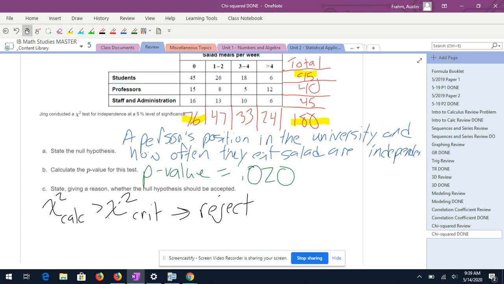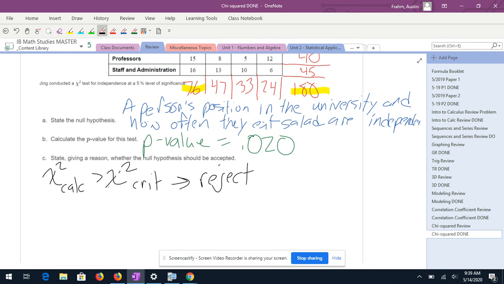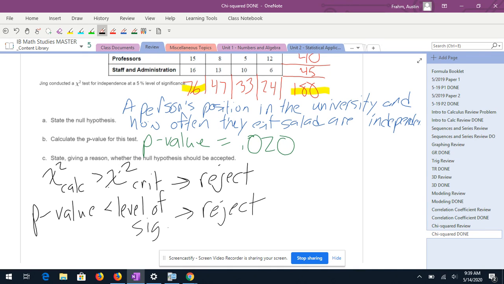So we need to use the second rejection inequality, which states that if the p-value is less than the level of significance, then you reject your null hypothesis. So our p-value, we know, is 0.020. Now the level of significance, remember, was given up here, 5% level of significance.